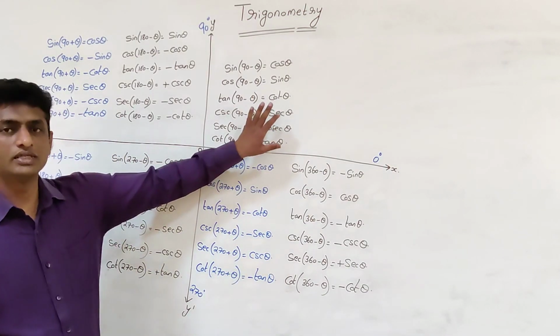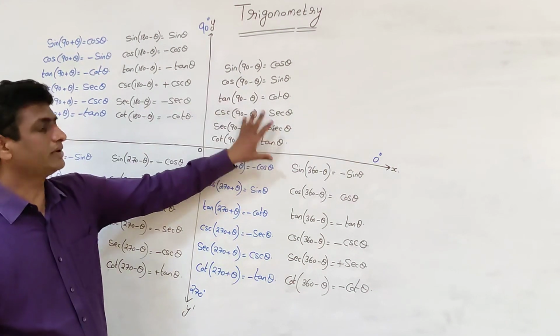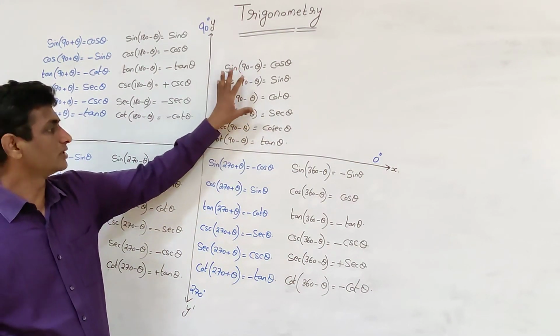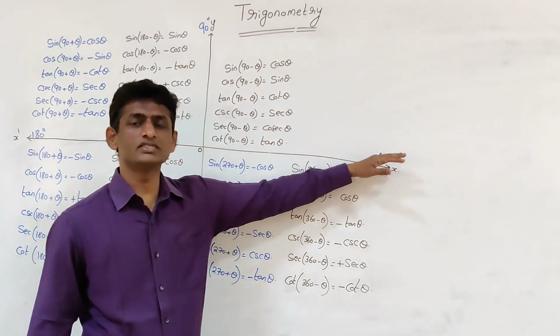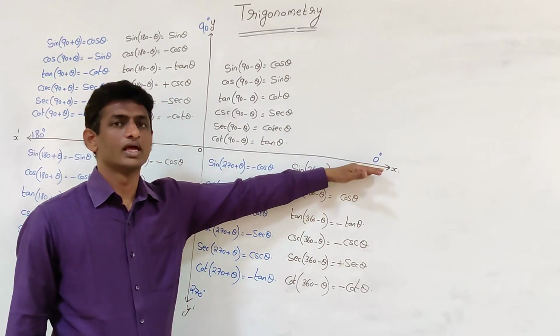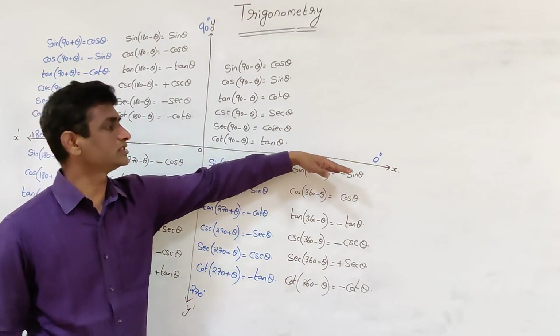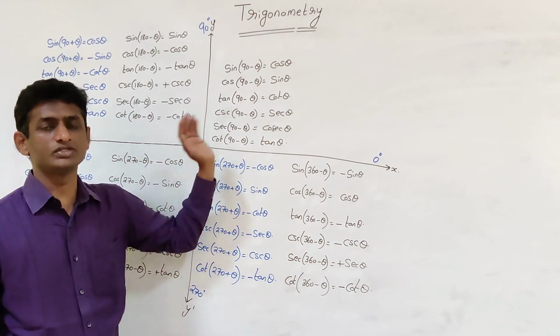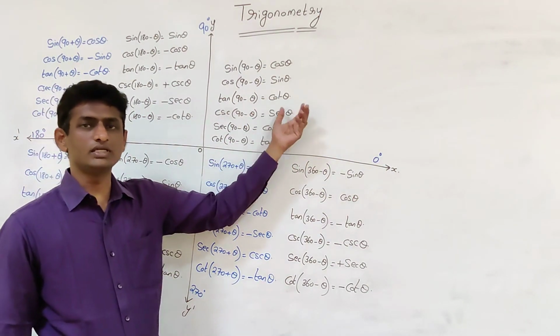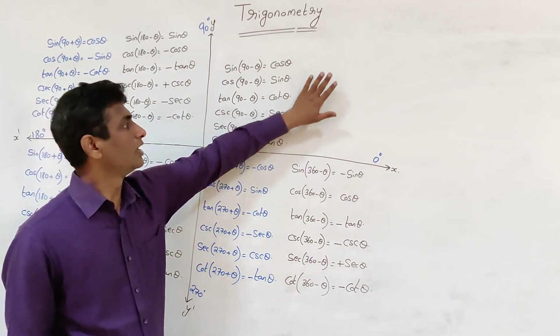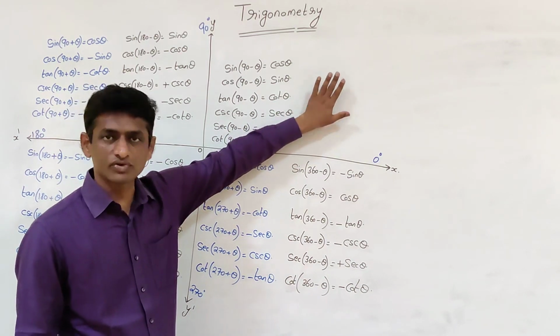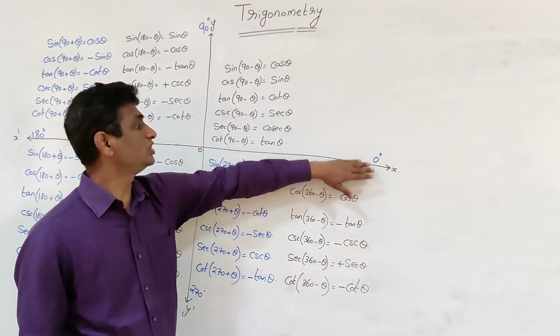So this is an XY plane, in which the positive x-axis will always be the initial ray, and the terminal ray moves in the anti-clockwise direction. So it depends upon theta.